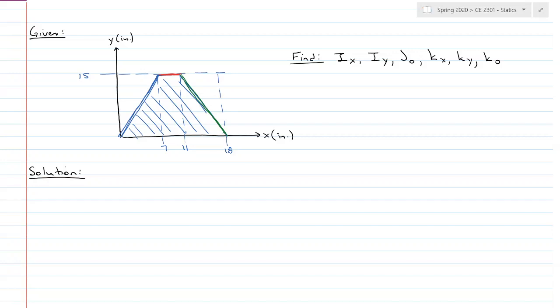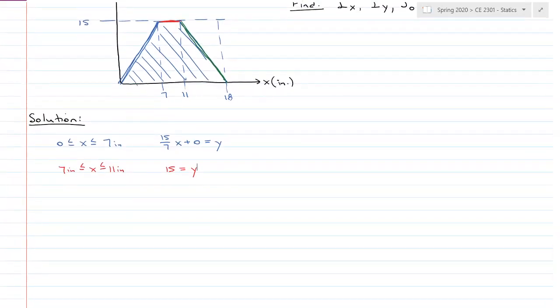My first one goes from 0 less than or equal to x less than or equal to 7 inches. And its equation, rise over run, is 15 over 7x plus 0 equals y. My next one goes from 7 inches to 11 inches, and it is just 15 all the way across.